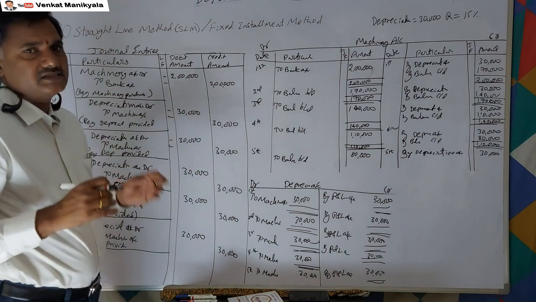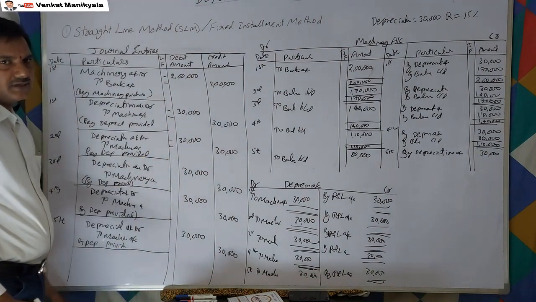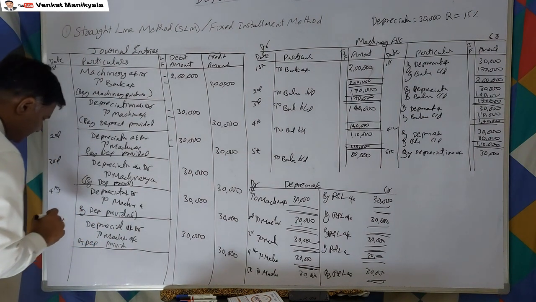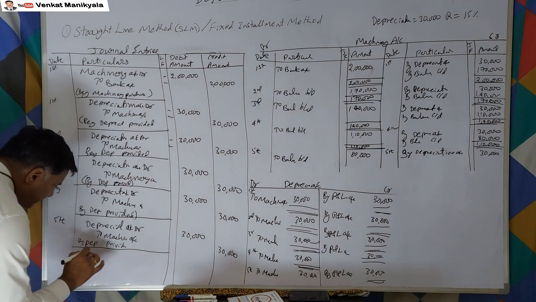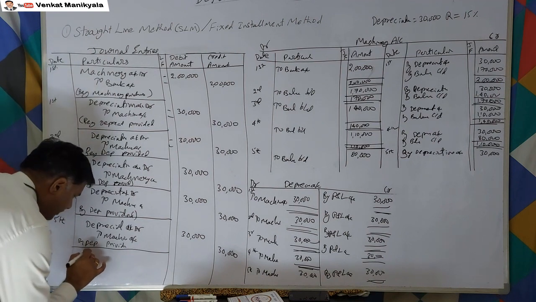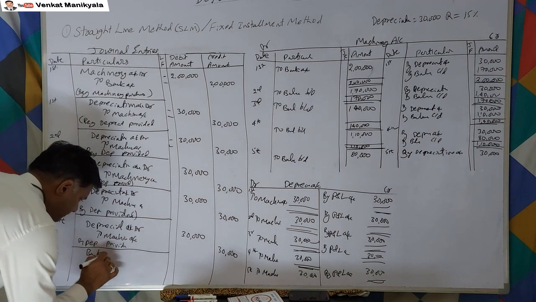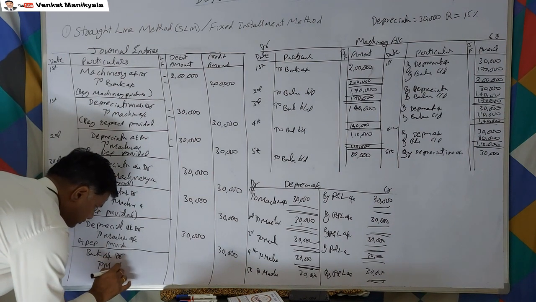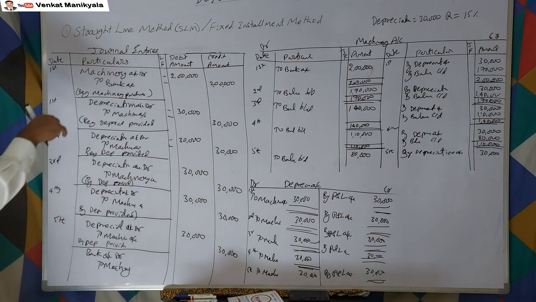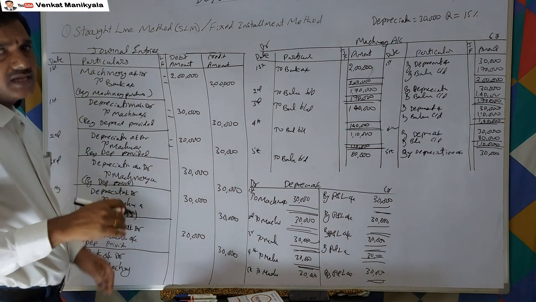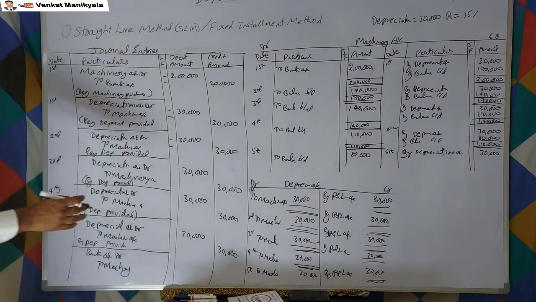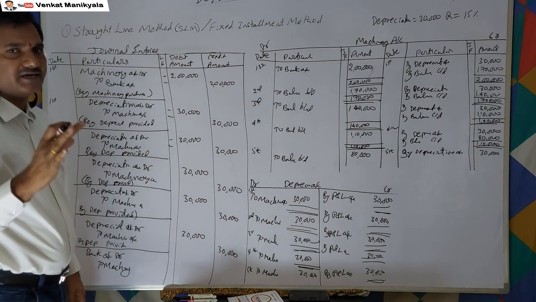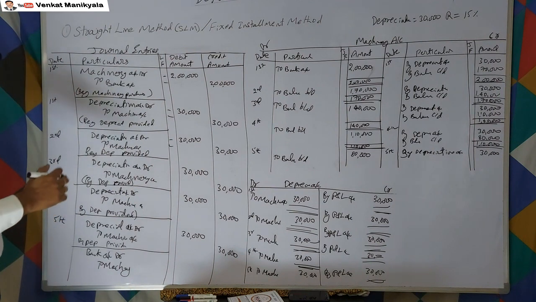So now let us sell out the machinery as scrap. When we sell the machinery as scrap, the entry will be in the fifth year itself. Bank account debtor to machinery account. In this example, estimated and realized will be the same. That's what we estimated, because they have not given separately saying that the original sale price is different, right? So we have to assume that both are the same.